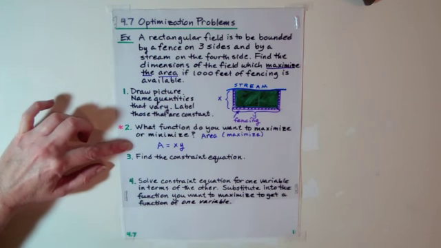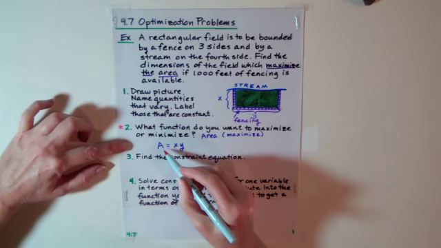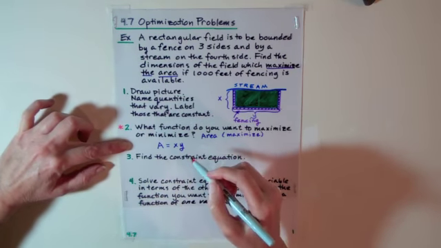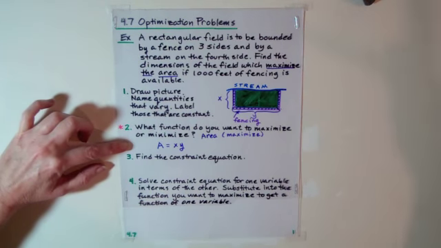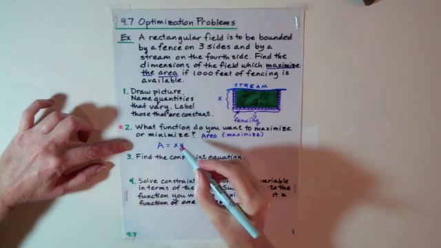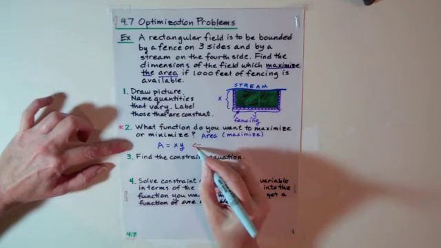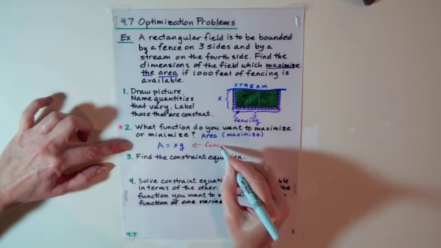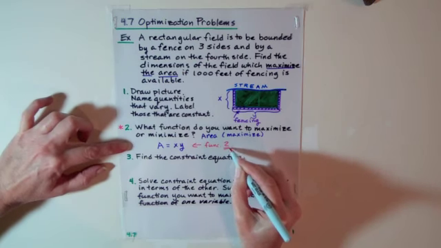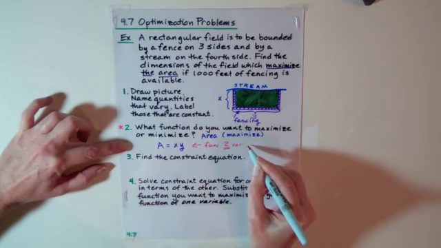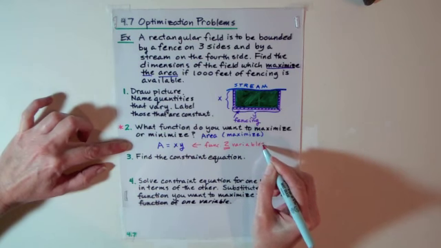But there's something rather unfortunate about this particular function. Notice that A is not just a function of x, like, I don't know, x cubed minus 7x plus 5. It's a function of x and y. So A is a function of 2 variables, and that is a problem. Why is it a problem?